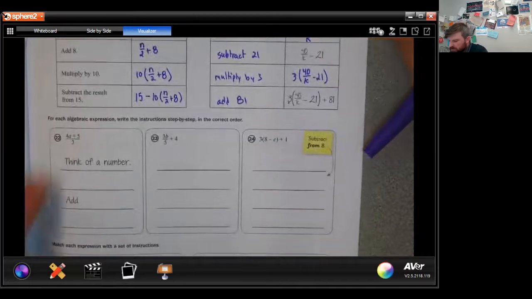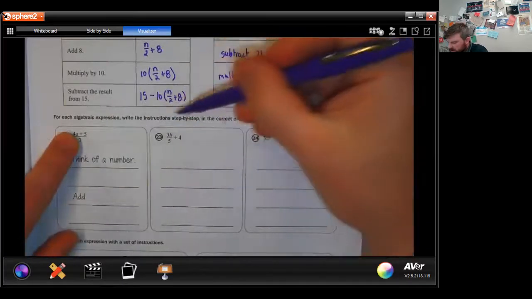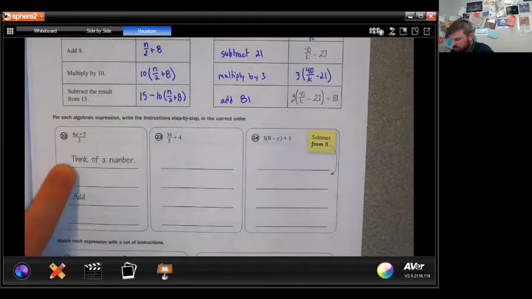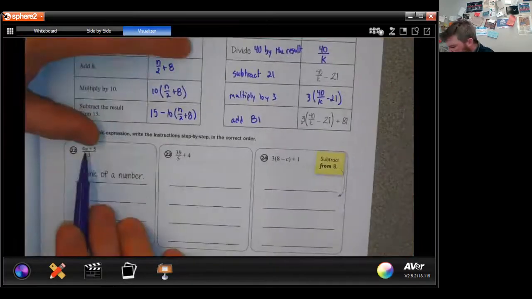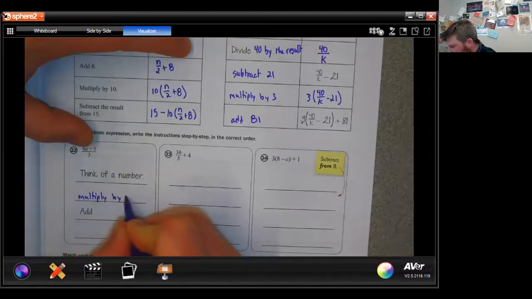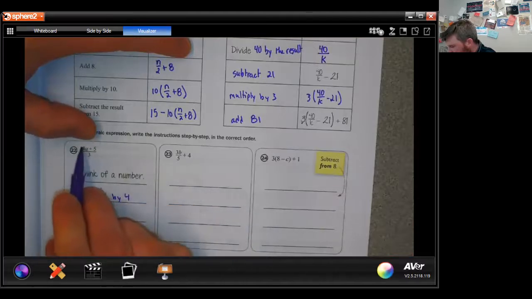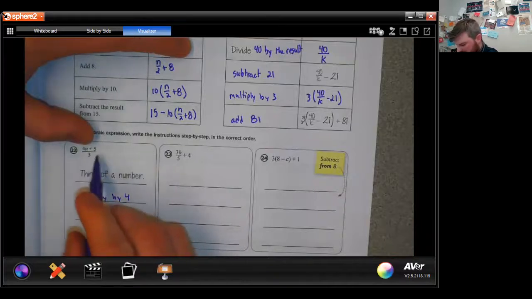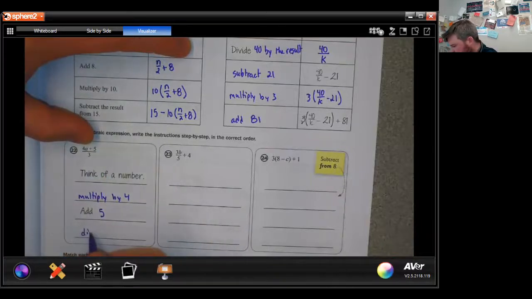All right, for each algebraic expression, write the instructions step by step in the correct order. Okay, so we have think of a number, then we multiply by 4 there. Then we took that and added 5, and then we divided that by 3.